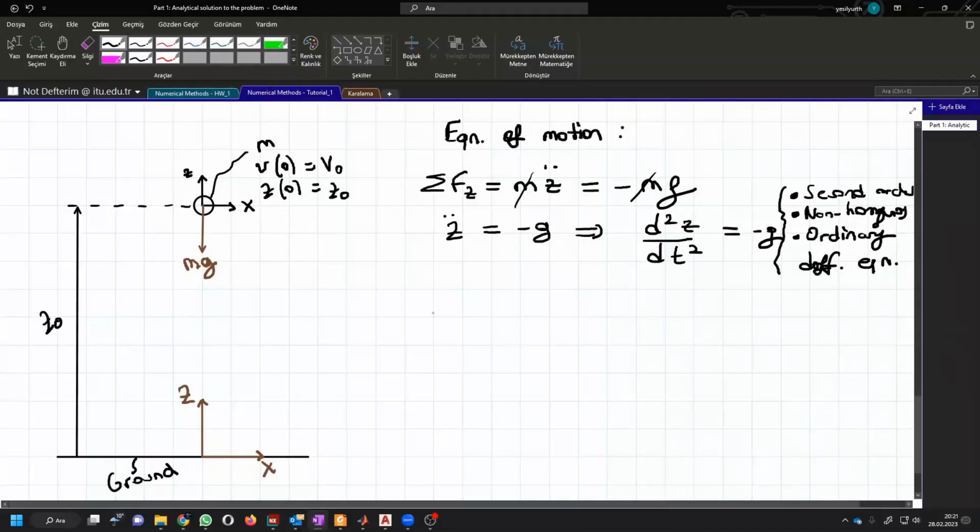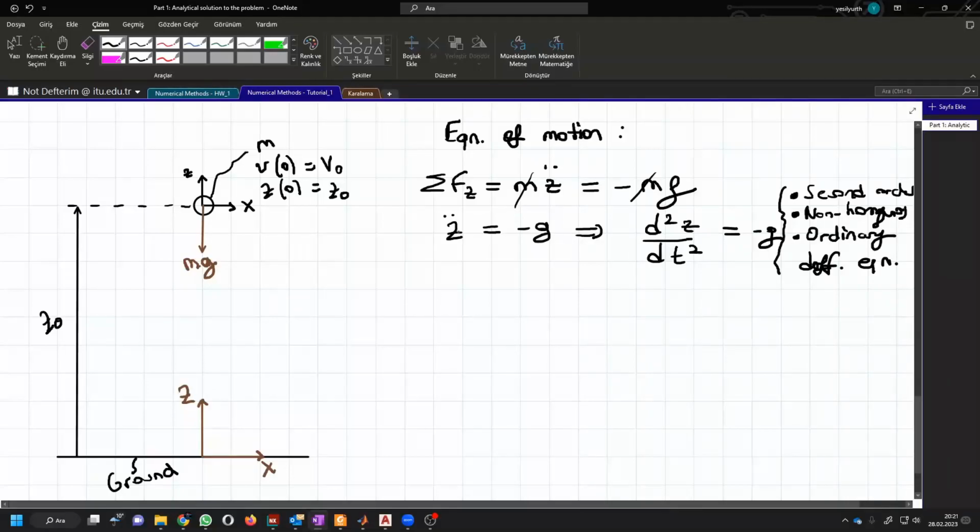So how to solve that? We already memorized the solution of the equation from the high school courses. So we will integrate this equation 2 times to calculate the velocity and the position functions.